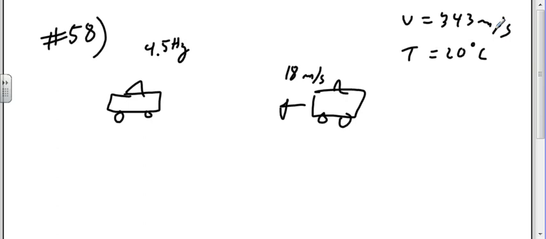Now, the beats. Okay, so this guy's going 343 meters per second. This guy, because there's 4.5, well, we don't know. Do we know the frequency of this horn? No, we don't.